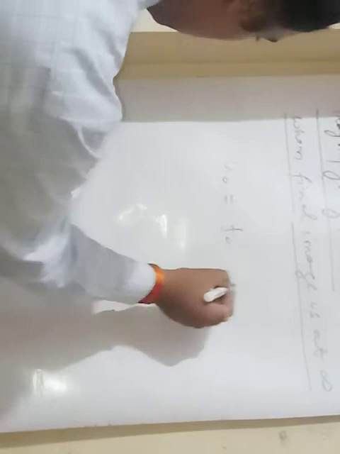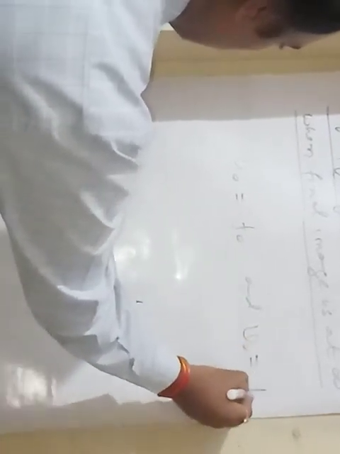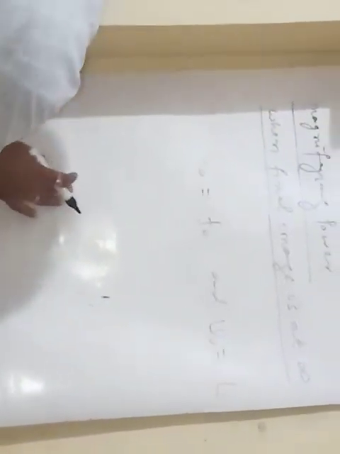Therefore UO is almost equal to FO, and VO equal to L, that is, the tube length or separation between the two lenses.